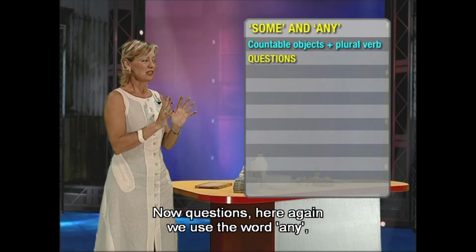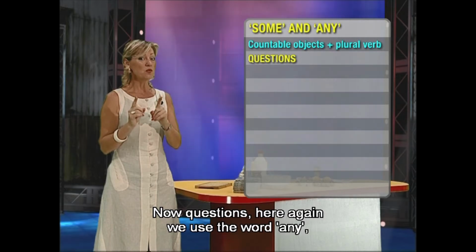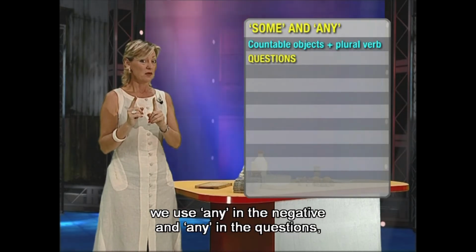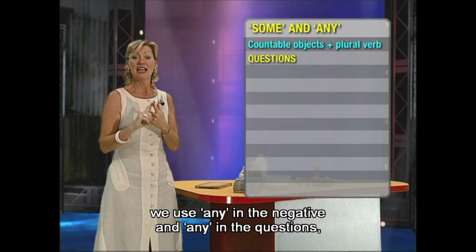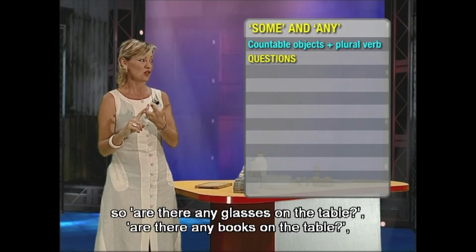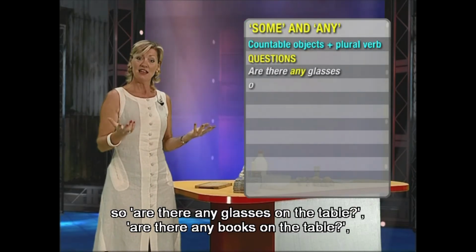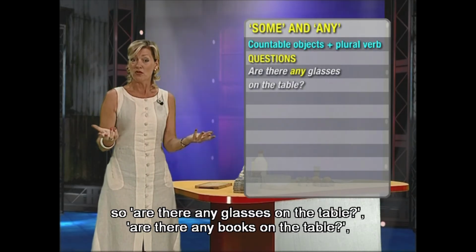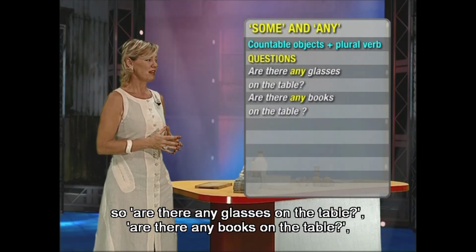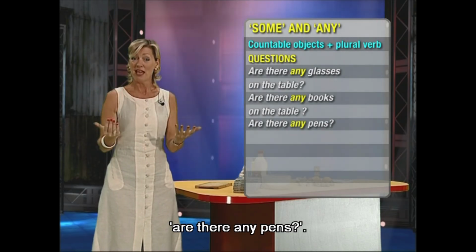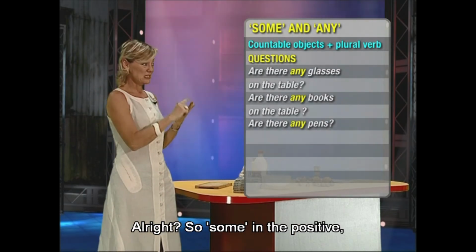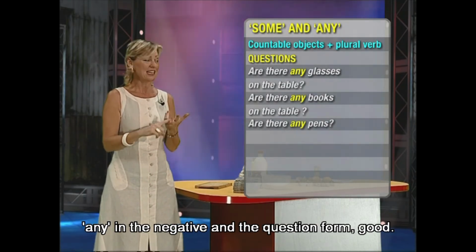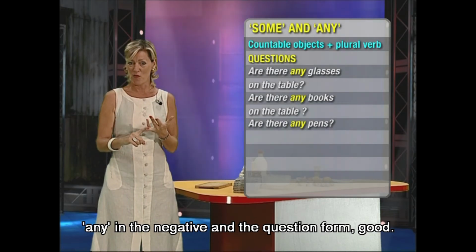Now, questions. Here again, we use the word any. We use any in the negative and any in the questions. So, are there any glasses on the table? Are there any books on the table? Are there any pens? All right, so some in the positive, any in the negative, and the question form.